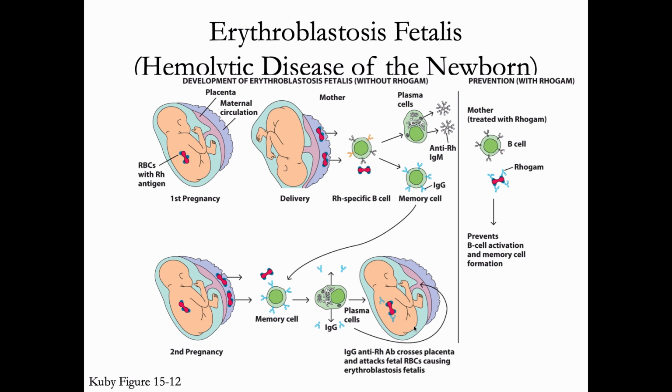If they give mom Rhogam during her first pregnancy, so they actually do the testing and do this during the first pregnancy, these antibodies, and you'll see this on the next slide as well, turn off B cells. So mom can't make a primary response, because remember that if we have pre-existing antibodies, that turns off a primary response. And so mom can never actually develop her own antibodies here and never give them to the baby.